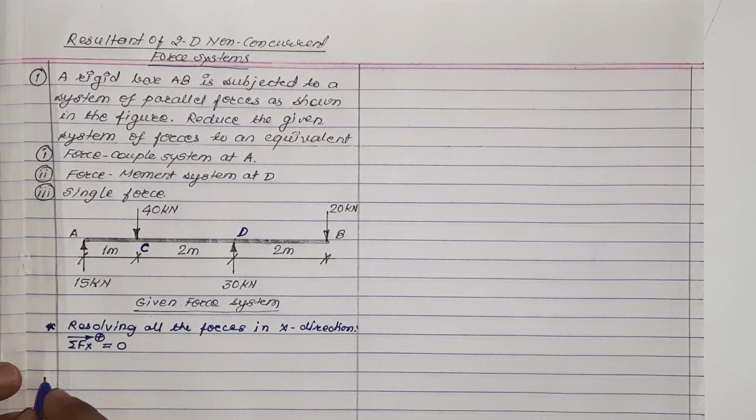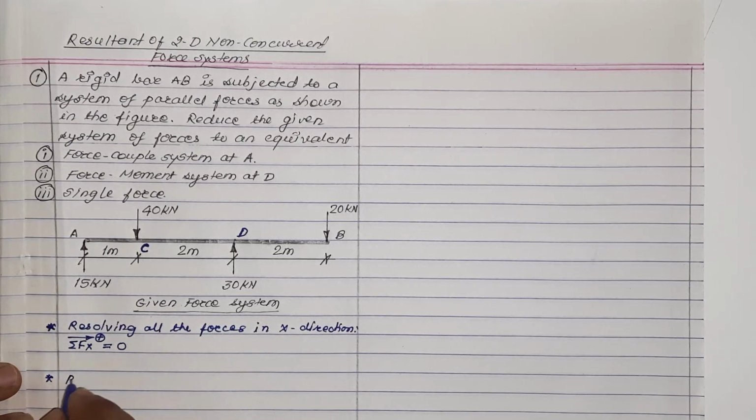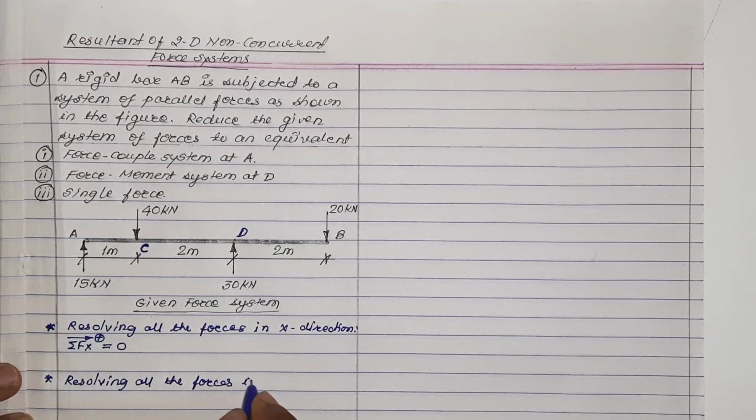Thereafter, resolving all the forces in y direction. So, summation Fy is equal to, sign convention is upward force will be positive.